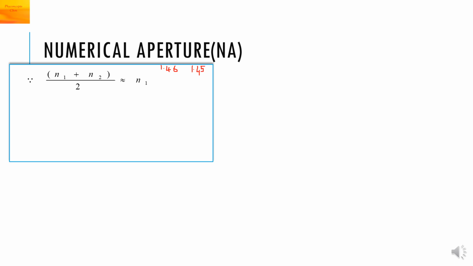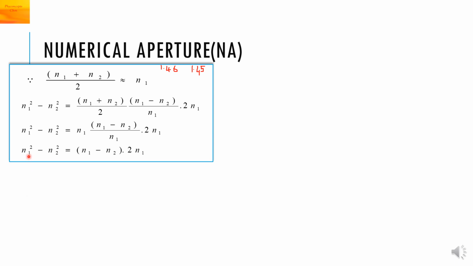So their mean can be written as approximately equal to N1. So we can substitute here in place of N1 plus N2 by 2, N1. So this is replaced by N1. Rest of the terms remain the same. Now N1 will get cancelled out, and what remains is N1 minus N2 into 2N1.